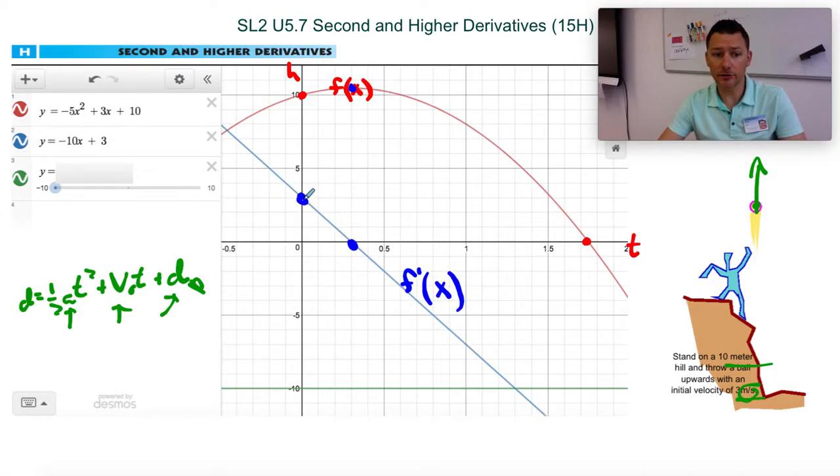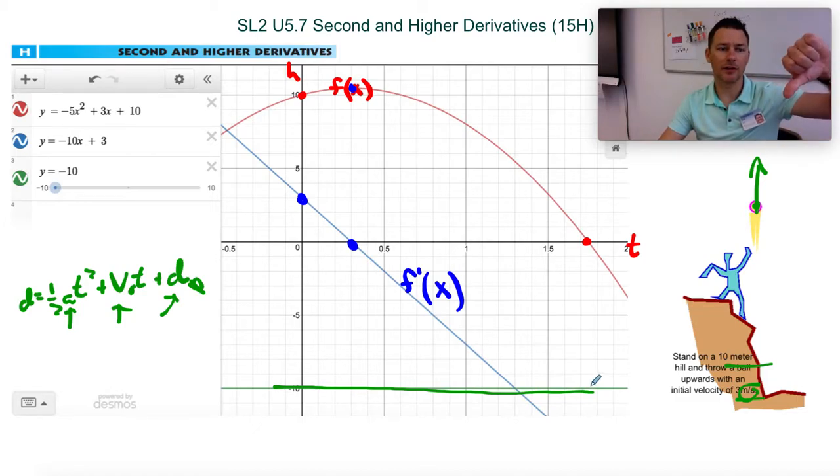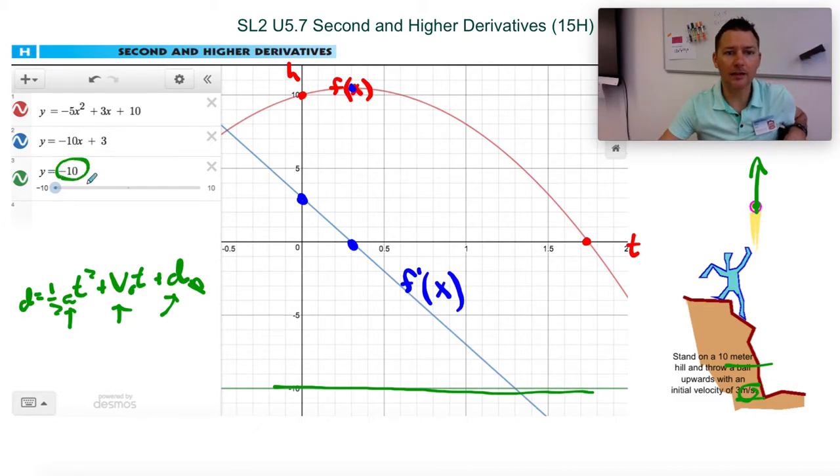Starts positive, starts at 3 where you started throwing it up, goes to 0, which means it turns around and then starts coming back down. If you take the derivative of this, you just get negative 10, which is the acceleration. It's constant, and it's constant downward acceleration. If you're in physics, you're used to that. So this is f double prime of the original function.